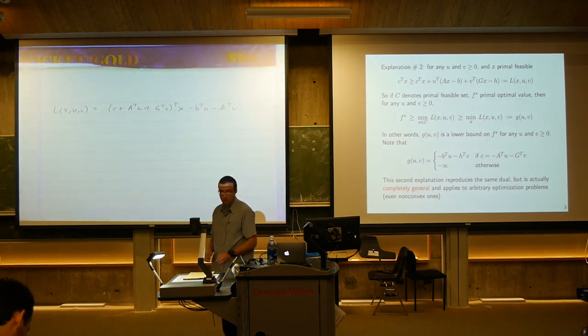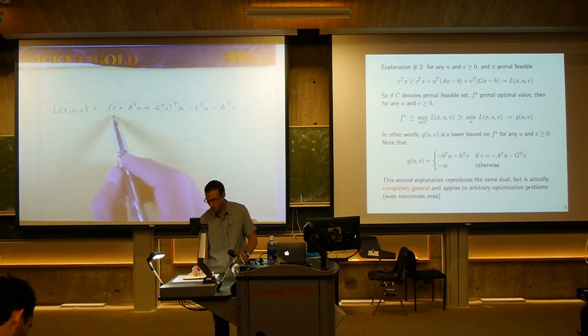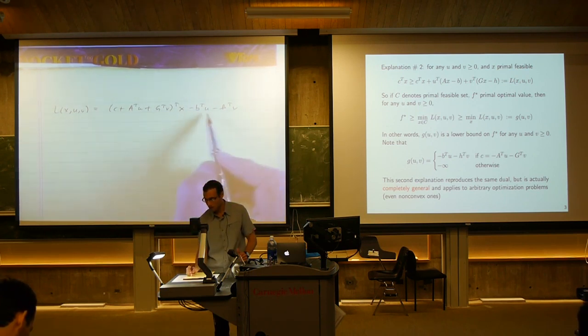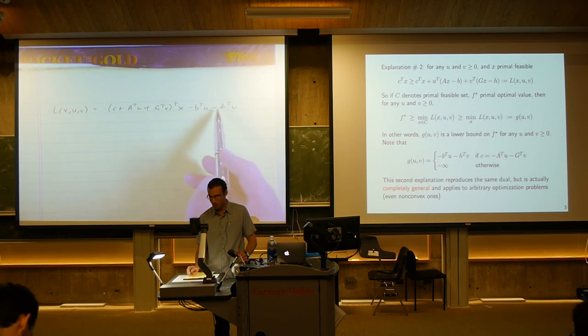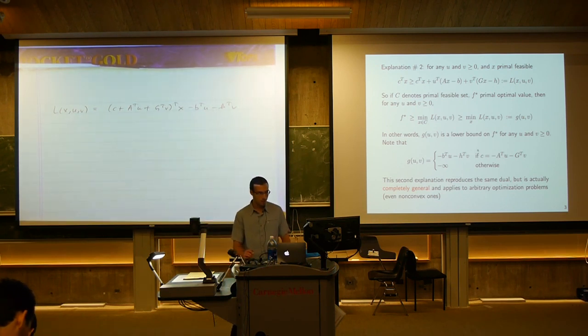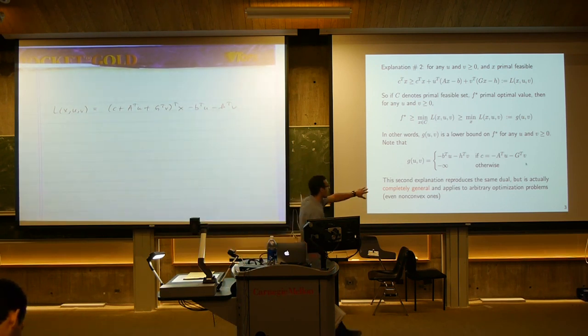That's what the Lagrangian looks like, rearranged. If we were to minimize this over all x, we would get two things: minus infinity if this thing wasn't 0, and if this thing was 0, we just get minus b transpose u minus h transpose v. So that is the Lagrange dual function. We have an explicit form for it.